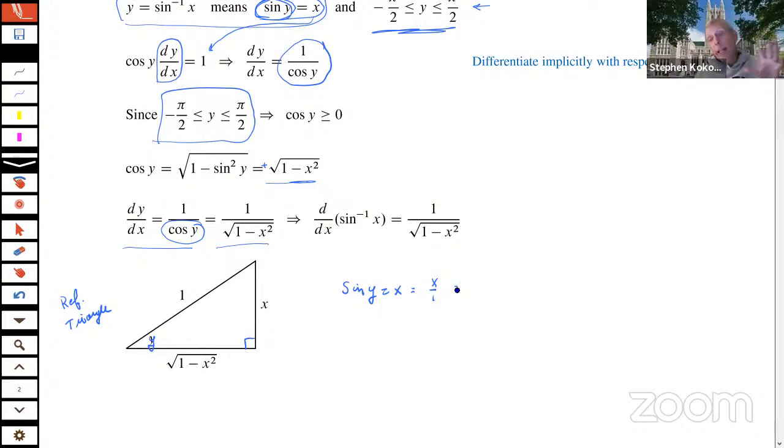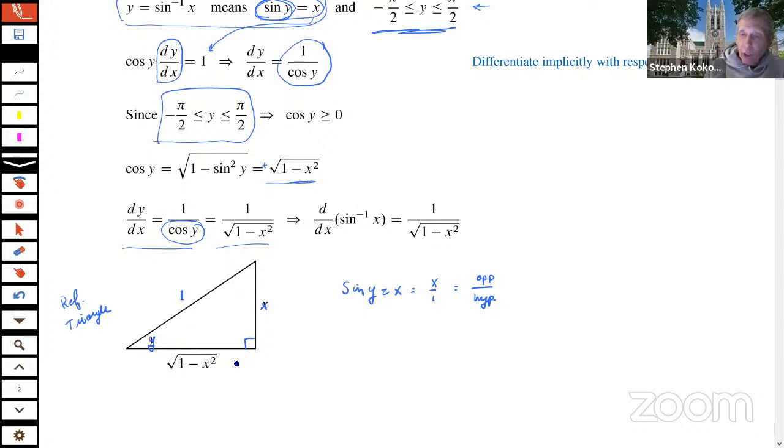And in right triangle trigonometry, what's the sine of an angle? It's the opposite over the hypotenuse. So I'm going to put in the opposite is x and the hypotenuse is 1.